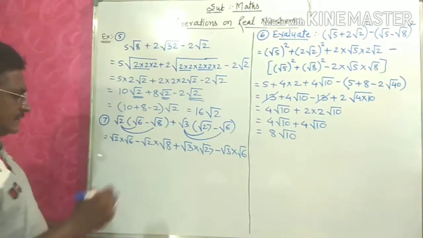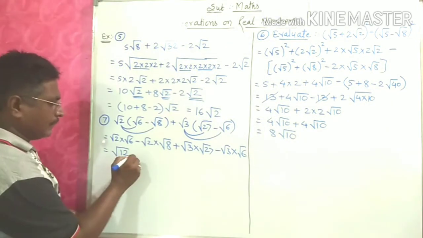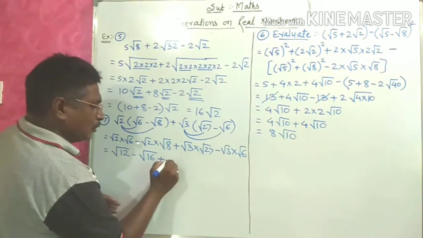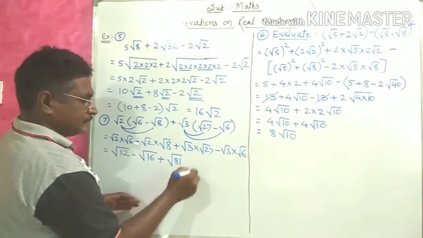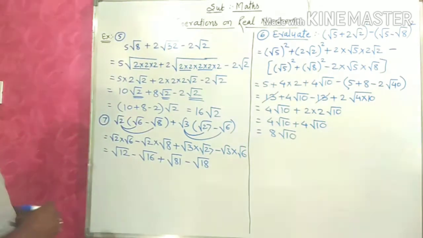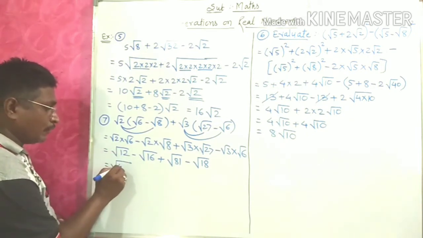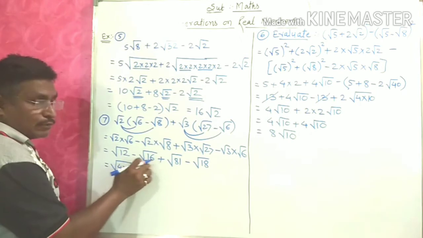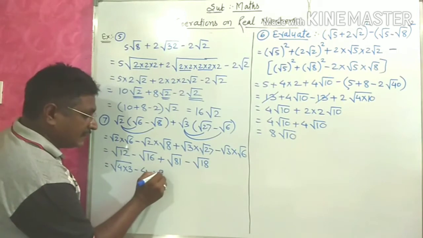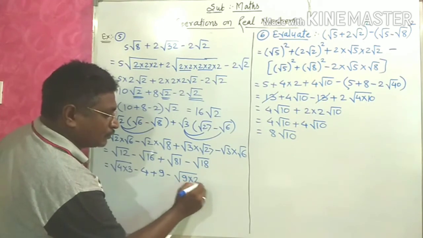Hope you understand, students, this. Now root 12 minus root 16 plus root 81 minus root 80. Now to simplify, what are the factors of 12? 4 into 3, minus square root of 16, 4, plus square root of 81, 9, minus, here what will we get? 9 into 2.